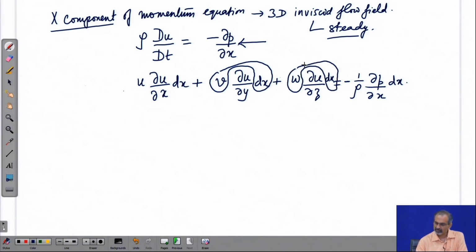So, keep these 2 terms in mind, and we are going to follow the flow along a streamline in 3D space. So, we earlier developed the equation of a streamline. From that equation, these should be ordinary derivatives, differentials rather.